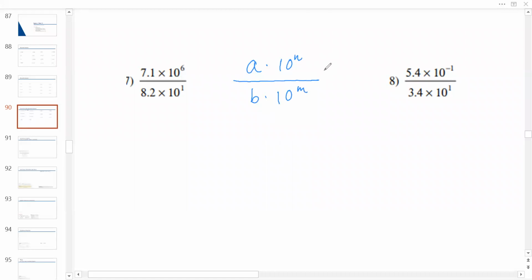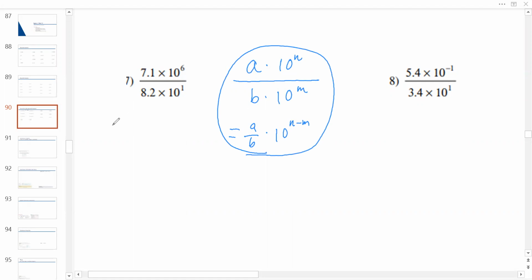We can see this one, right? We can see the first scientific, the second scientific. So you can see A divided by B, we can take it out. What about this part? This part n minus m, right? Use the quotient rule, right? So we can get this part. This is the quotient rule.